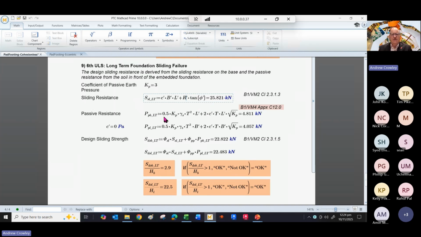Now, passive resistance, you'll notice the first part of that equation is a simple passive resistance against the face of the foundation. There's this extra factor which is taken from the old version, VM4, and it's given in the example. Now, this doesn't appear in VM2, so if you want to be conservative, take it out, and it'll rework out as a reduced capacity.